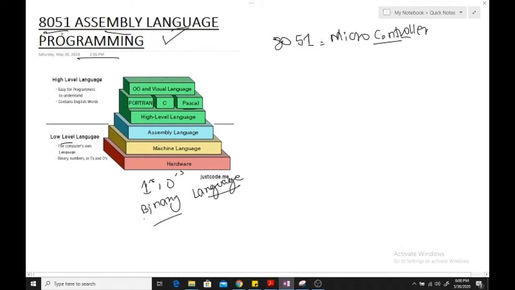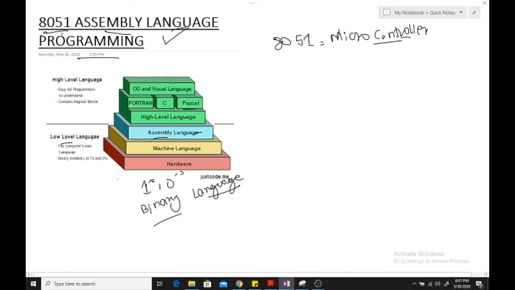But it is very difficult for humans to understand this language, to know the patterns in it and to program it usefully for our hardware. So we use the assembly language, which is basically a symbolic representation of machine language, and it makes it a little easier for us to program the hardware.